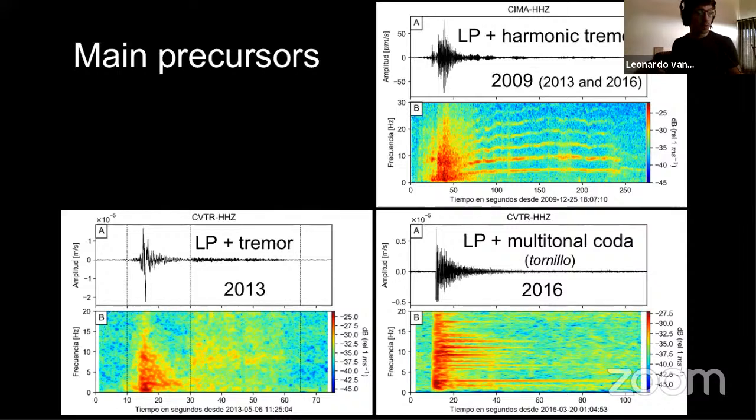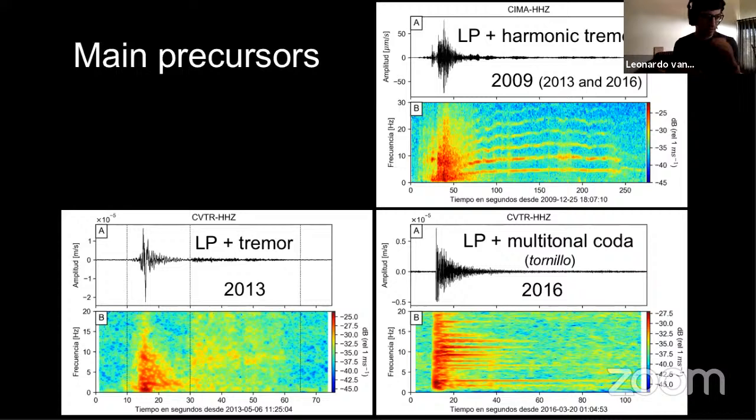And in 2016, we had a different kind of signal. We have this LP, long period event, followed by a multi-tonal coda. In this case, it is not tremor because it's not a continued or sustained excitation. It's just the ringing and decreasing amplitude of this coda.